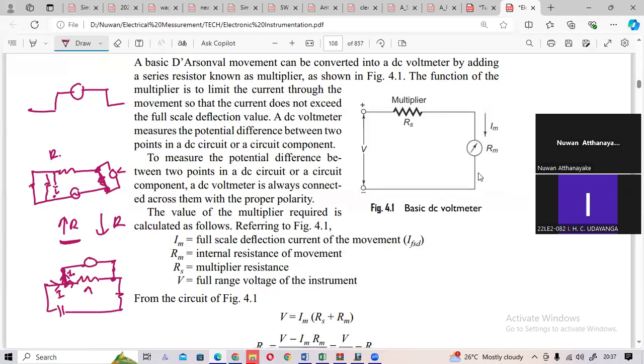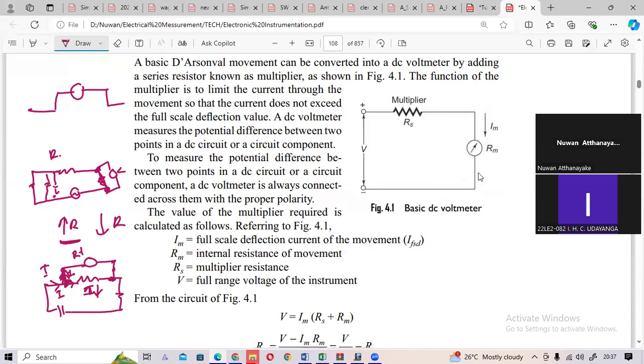But what happens if you have a low resistance? Then most of the current will flow through this and little current flows through the component. So once you connect the voltmeter with low resistance, the voltage drop across this component will be significant. So that is not proper.